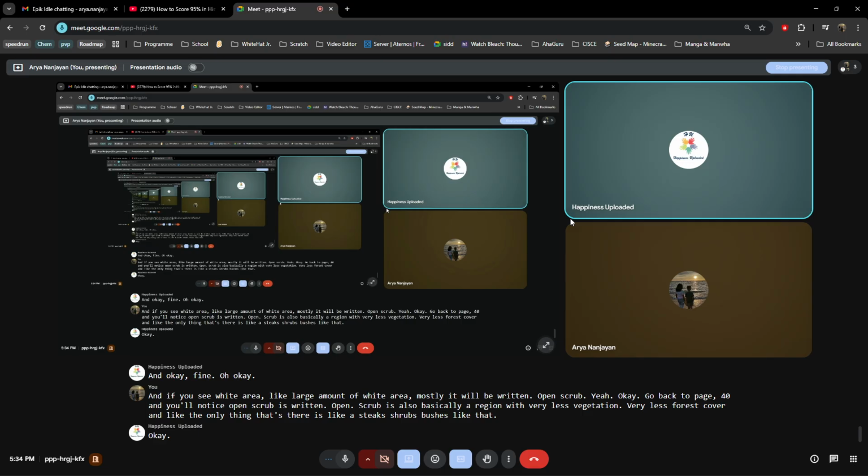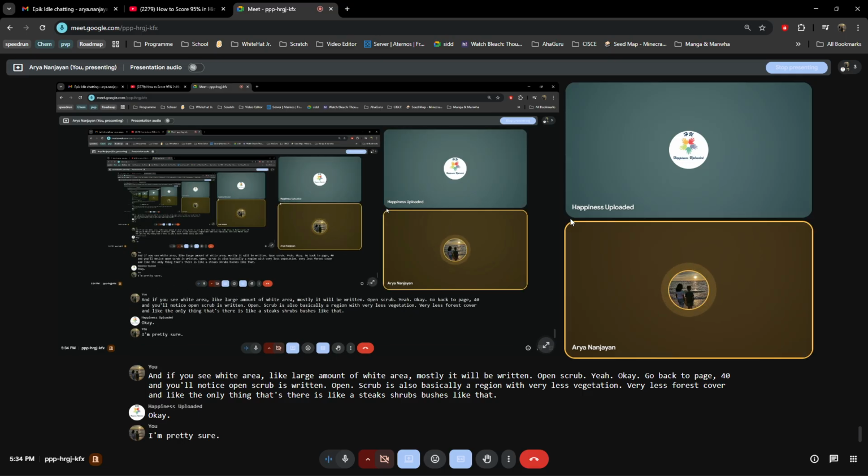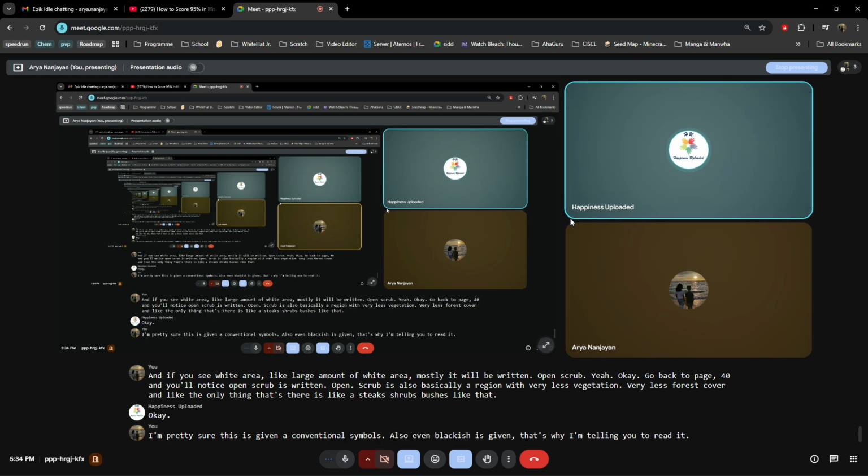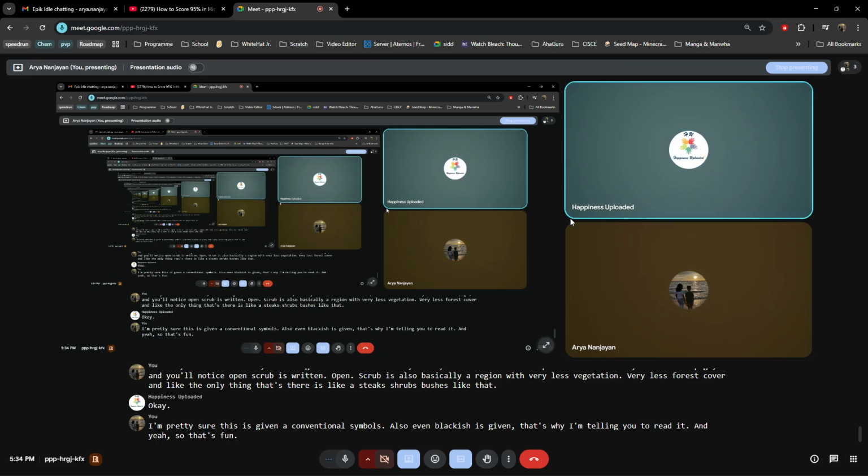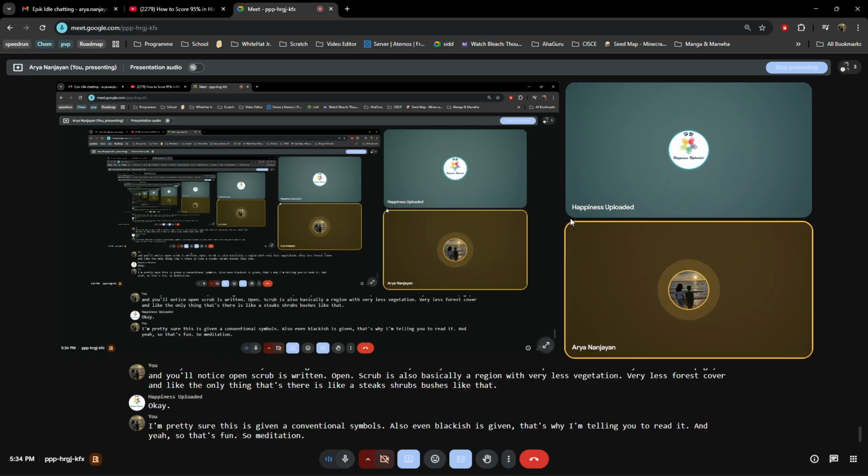I'm pretty sure this is given in conventional symbols also. Even brackish is given. That's why I'm telling you to read it. So that's rainfall. So vegetation, you can identify. Mainly it'll be like forest or it'll be open scrub.